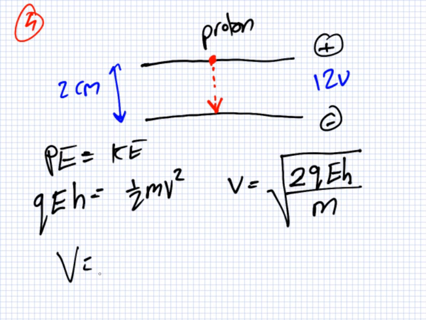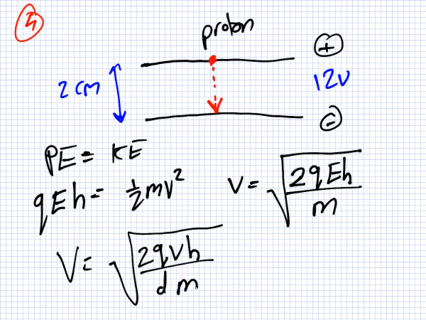We don't know what the E is, but we have a formula for the E, which is V over D, so it's 2QVH over D. But the D and the H are the same here. They're both 2 centimeters, so that cancels.